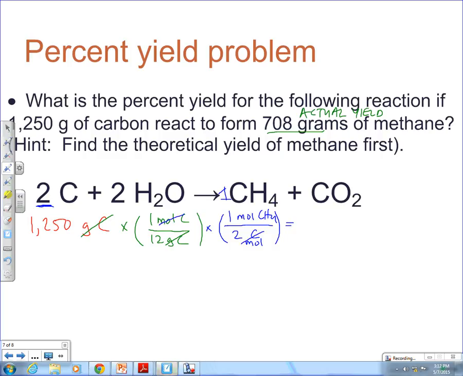Last step would be to take those moles of methane and just convert them into grams so that we can compare them to the actual yield. So 1 carbon and 4 hydrogens would be 16 grams per mole. Make sure that my moles of methane cross out.